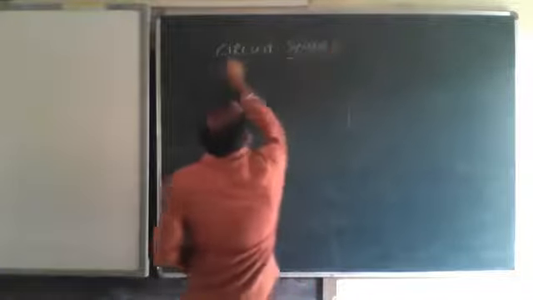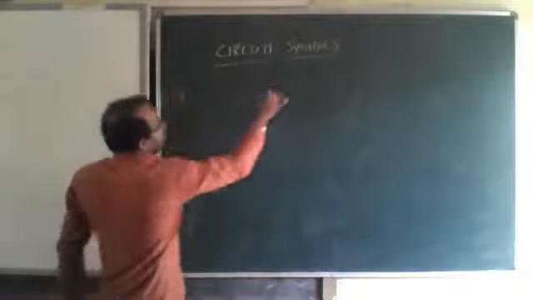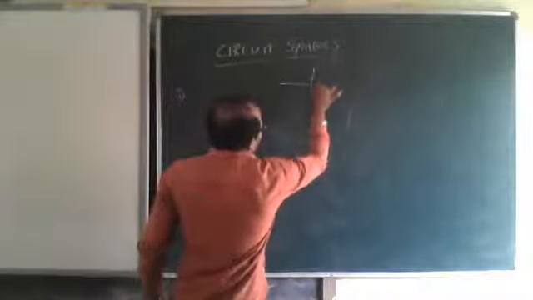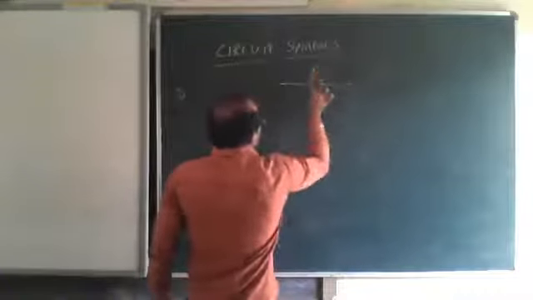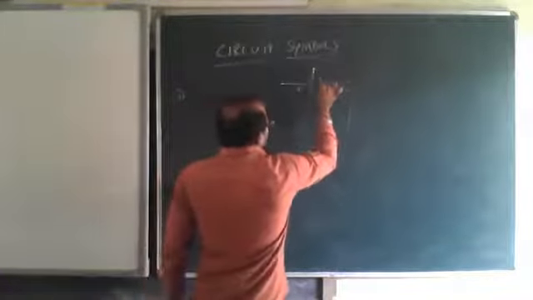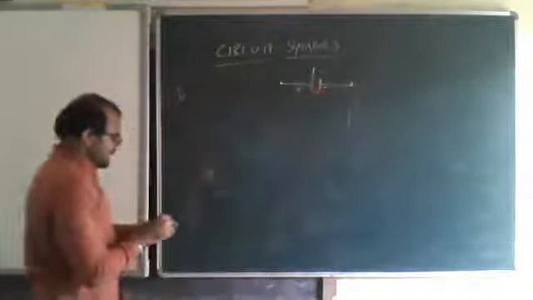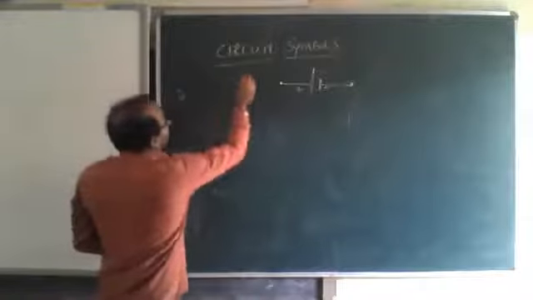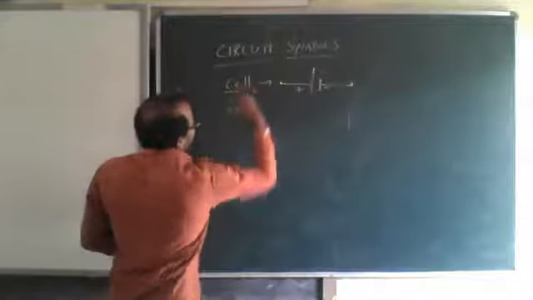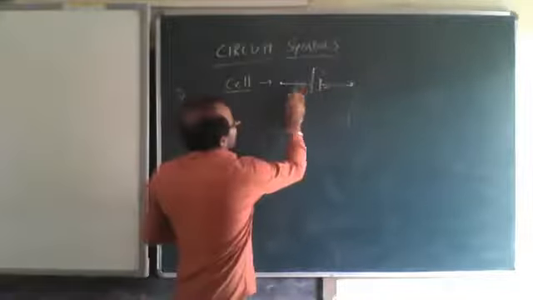What is the first circuit symbol? See, this is battery. This way we represent a battery. This is a cell, plus minus. Cell is represented by this. One plus is there, one minus is there.